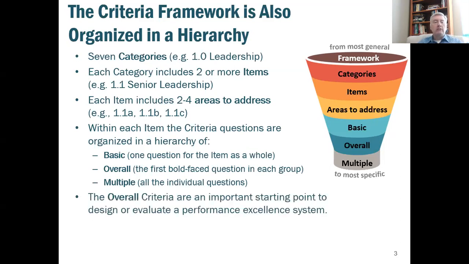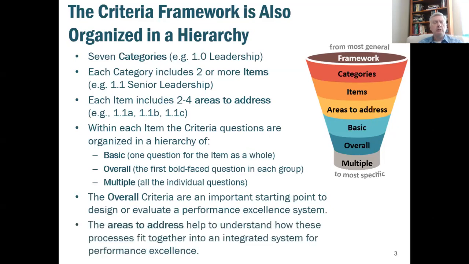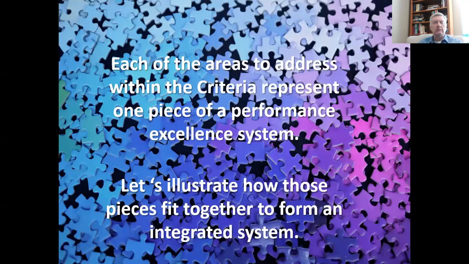The overall criteria are a very important starting point for anyone looking to design or evaluate a performance excellence system. But I find that the areas to address in conjunction with these overall criteria help you to understand how the processes and approaches within the criteria can be fitted together into an integrated system for performance excellence.